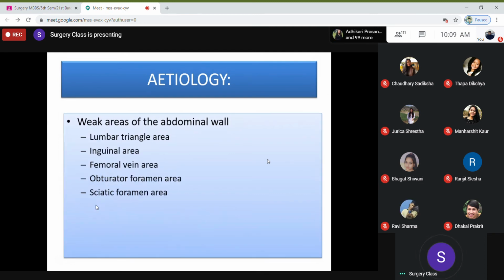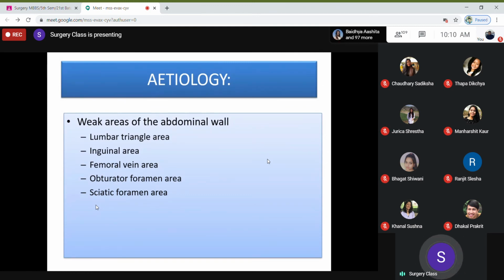And the lumbar triangle area: these are areas where the muscle is very strong all around, but in the center it is not strong. Like in the lumbar triangle, I'll come to that point. The inguinal areas or femoral areas, up to the sciatic foramen area, the muscles are there, and there is a small opening from where some structures come out. So these are the places where the abdominal wall is weak.